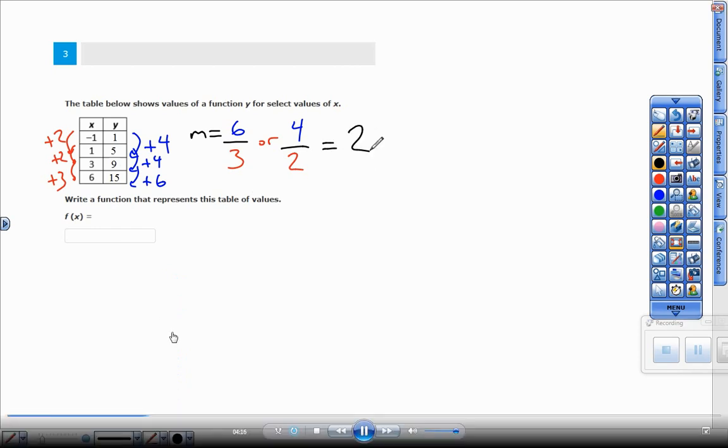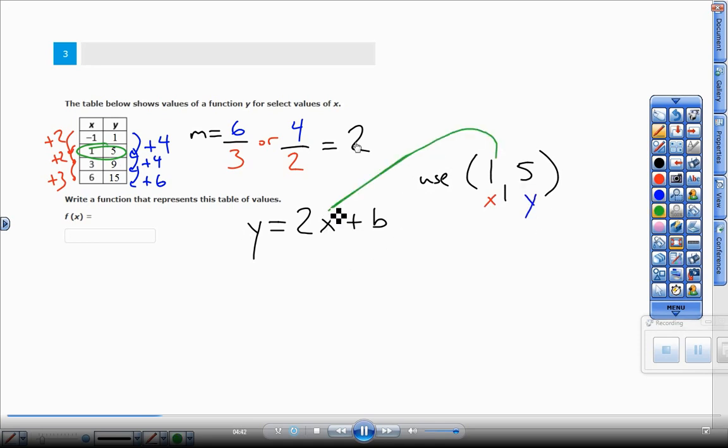So when doing that problem, you have y equals mx plus b form before you write it in function notation. So there's my 2 for my slope, and then all I need to do is pick a point. I'm going to pick the point 1, 5, and that point that I pick, the 1 is going to go in the x spot, and the 5 is going to go right here in the y spot.